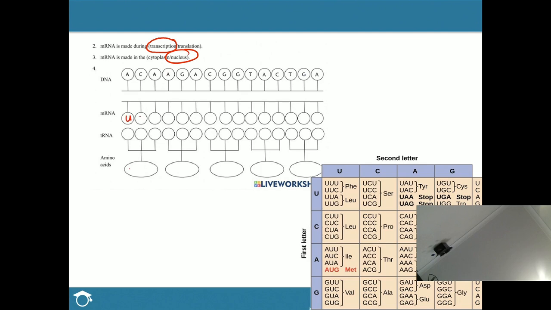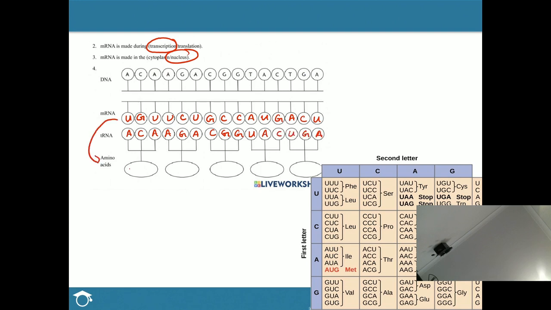A turns into U, C turns into G, G turns into C, T turns into A, G turns into C, and A turns into U. So this becomes A, C, A, G, A, C, G, G, U, A, C, U, G, A.